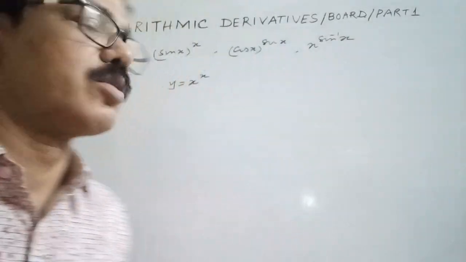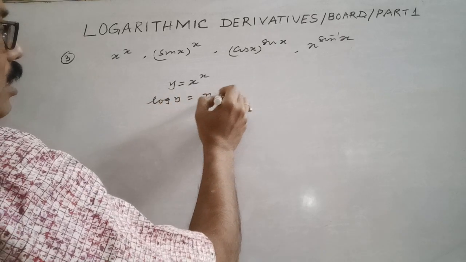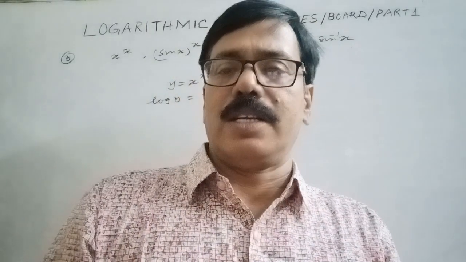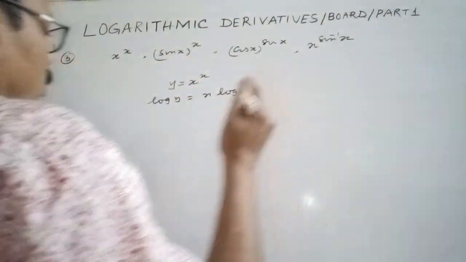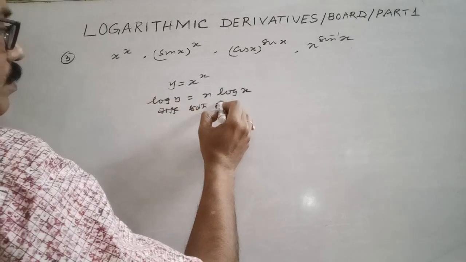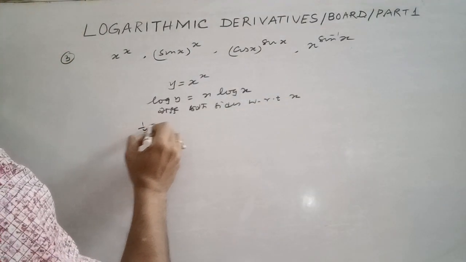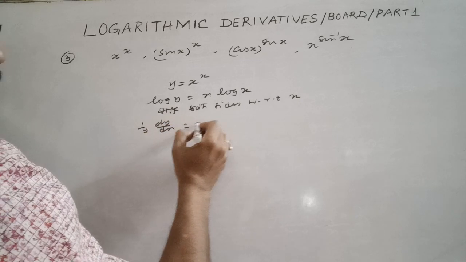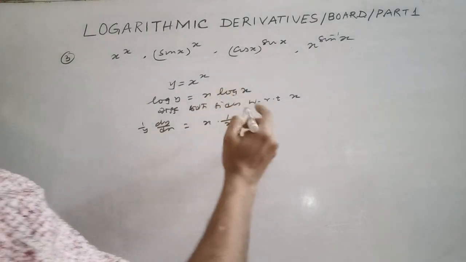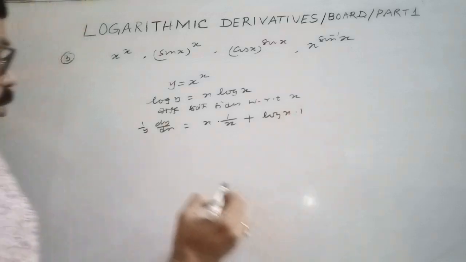So in this case, we take log on both sides. What is log y? x into log x, x comes forward. In this case, you have to take the product rule. Differentiating both sides with respect to x, 1 by y dy by dx equals x into 1 by x, the derivative of log x, plus log x unchanged into the derivative of x, which is 1.